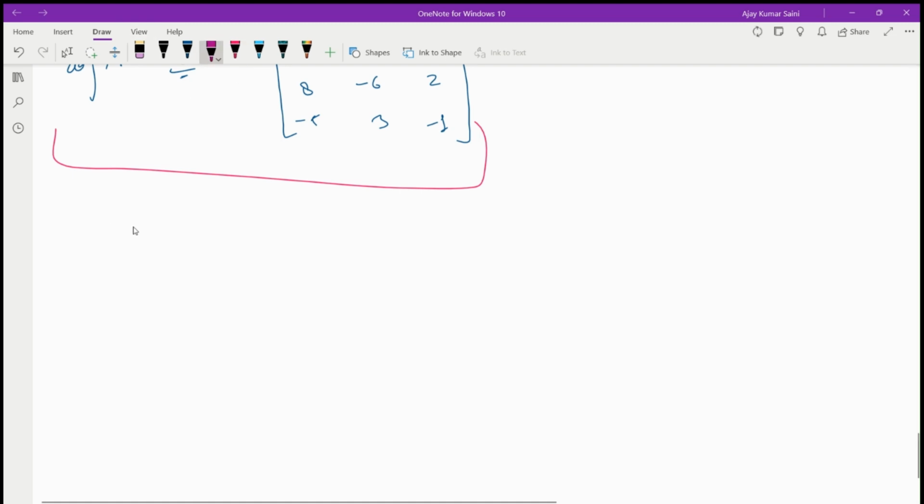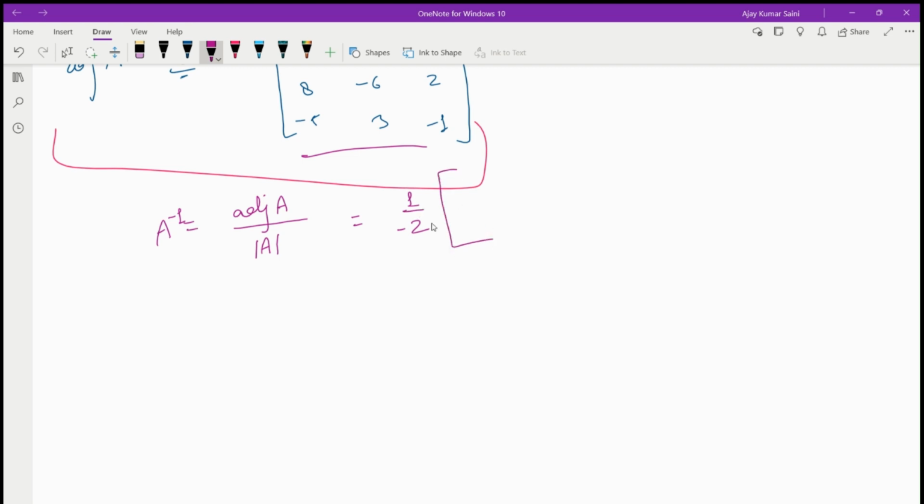The formula is A inverse is equal to adjoint of A divided by determinant of A. So what is the determinant of A? It is minus 2. Adjoint of A is this matrix, so I can write 1 by 2 and multiply by this.